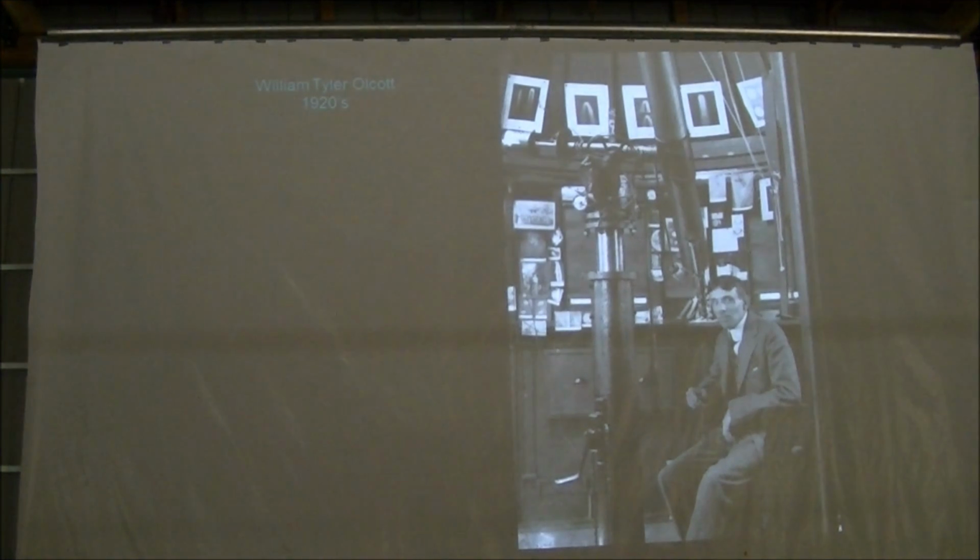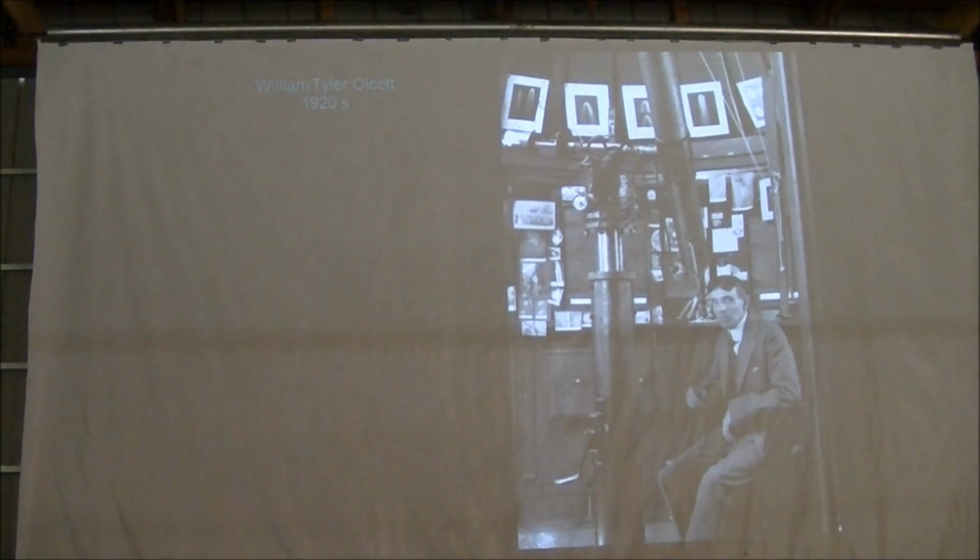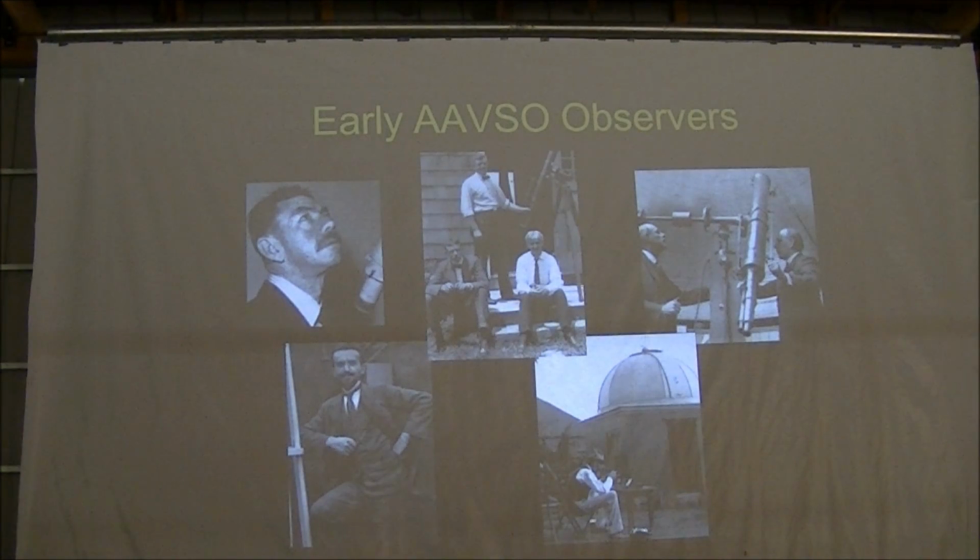This is Alcott's private observatory, which was attached to his house, much like Mario Mata's observatory today, but a much smaller telescope. This one is about a 6-inch refractor, if I remember right. Some of the other early observers were using very similar kinds of equipment.